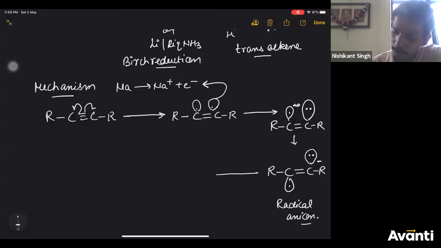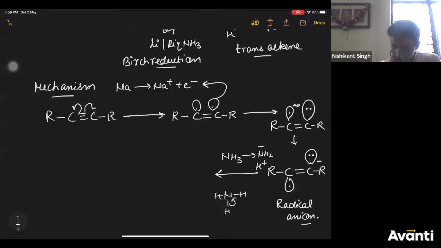Now the next step, you have taken ammonia. Ammonia will lose H+ to form NH2- and H+. The bond will break like this, and H+ will be released.